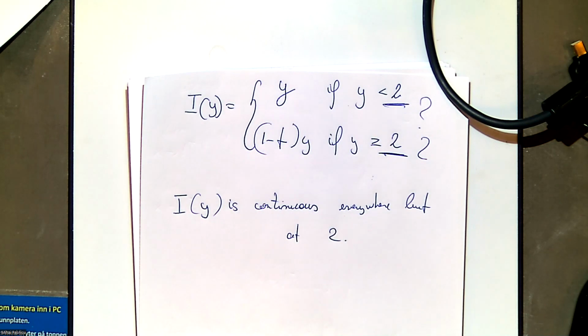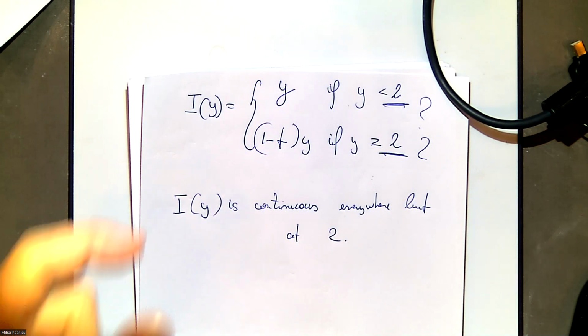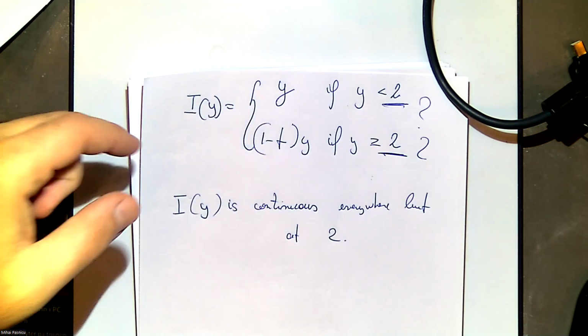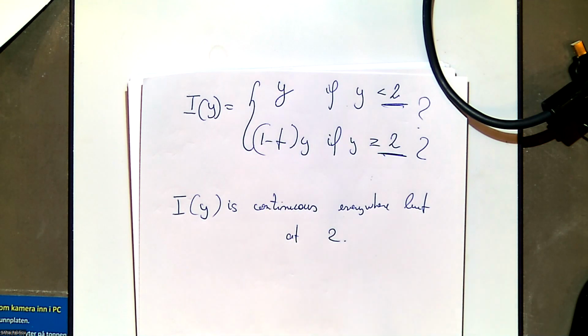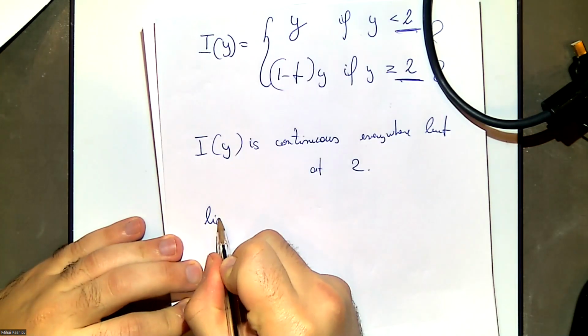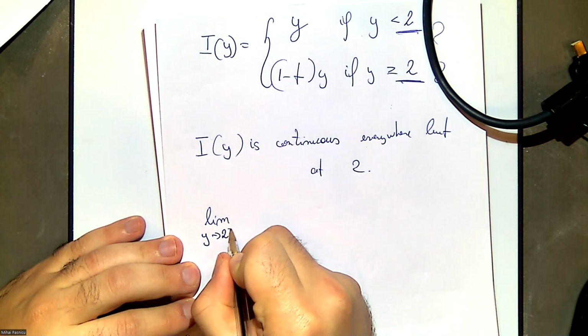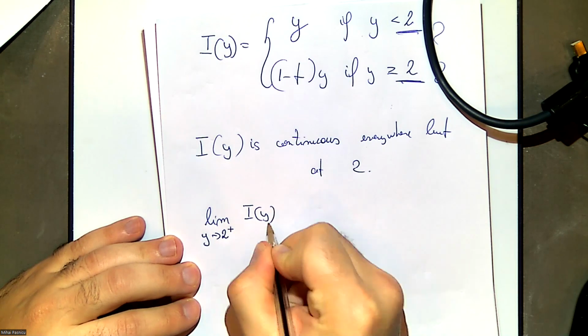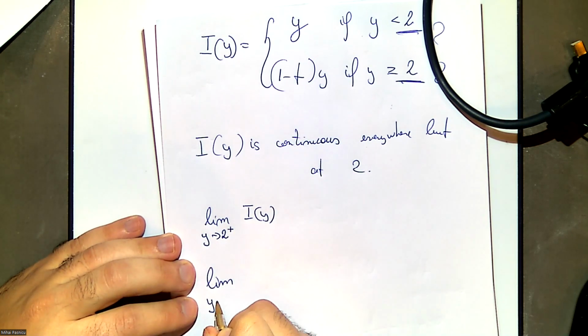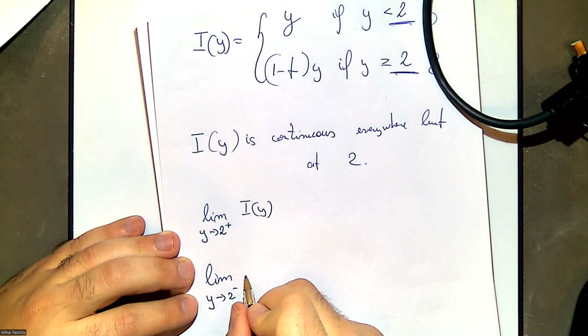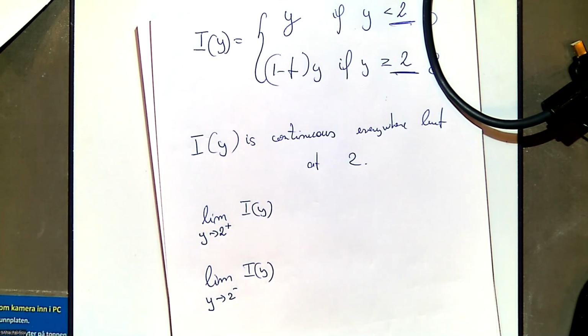So now I just have to see if it's continuous at 2 or not. How am I going to do that? Whenever you see this type of problem, with a function defined on multiple intervals, you always have to do the lateral limits. So I'm going to take the limit when y goes to 2 from the positive side of I of y, and the limit when y goes to 2 from the negative side of I of y.